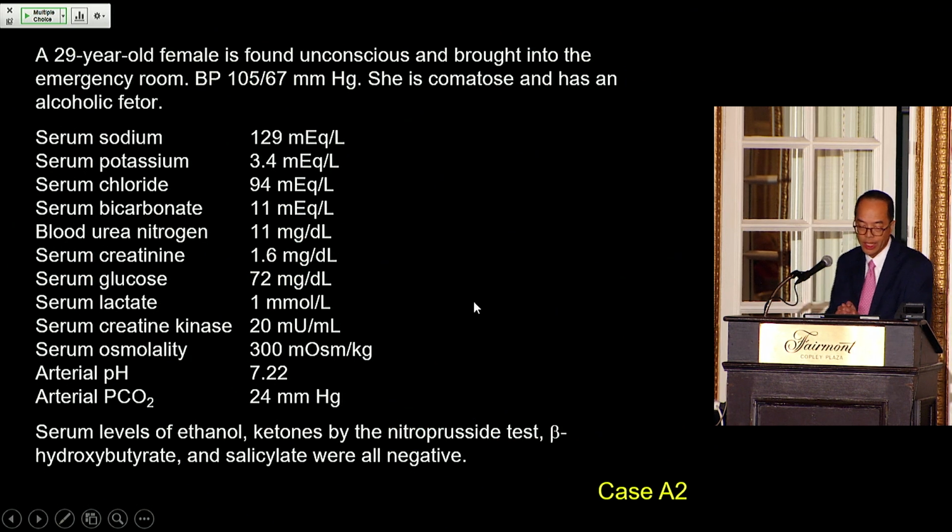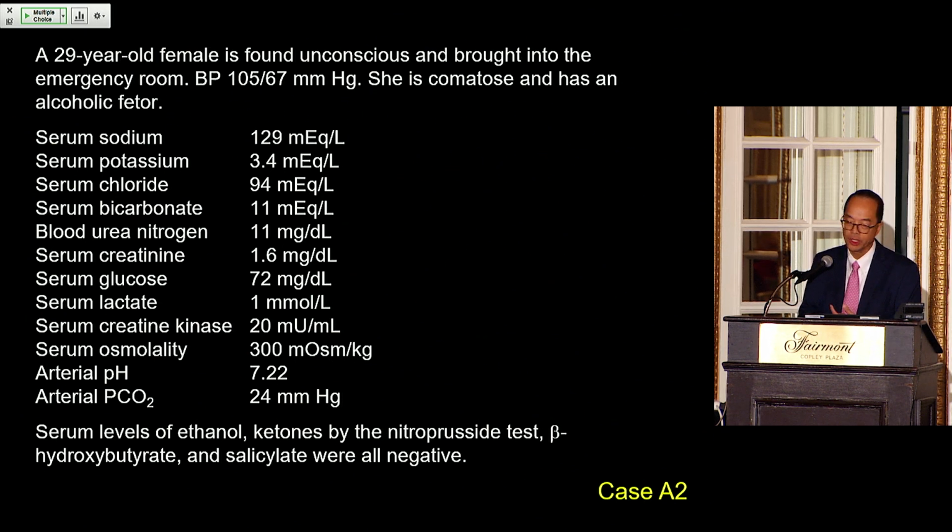Next case, 29-year-old female found unconscious and brought into the ER. Blood pressure's relatively normal, but she's comatose and has an alcoholic fetor. And her labs include a bicarb of 11, creatinine is 1.6, lactate is 1, CK is normal, serum osmolality is 300, pH 7.22, PCO2 of 24.